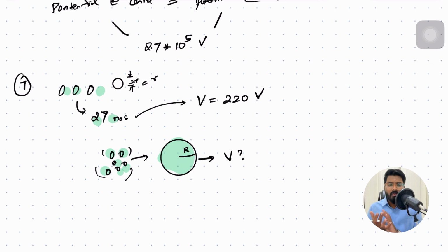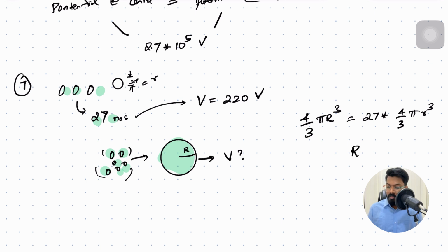Now the volume of these droplets has not changed. 27 of them come together and combine, the volume will remain the same, it's just the shape that has changed. So the larger volume is 4 by 3 pi R cube, and the smaller volume is 27 times that of 4 by 3 pi r cube.